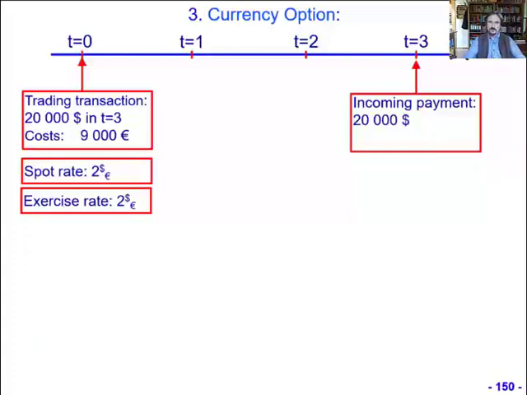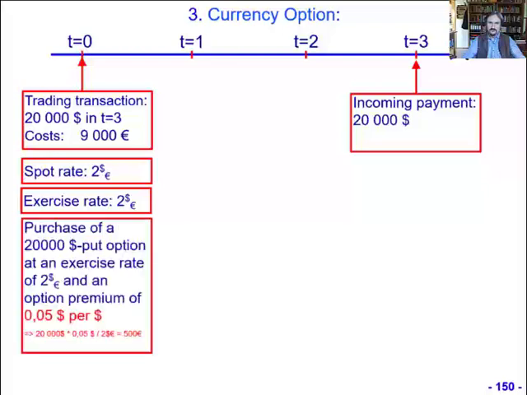So if the dollar appreciates versus the euro to a spot exchange rate of, let's say, $1.8 per euro, then we could use our right not to use the option and instead exchange the incoming $20,000 at the spot exchange rate 3 months ahead.